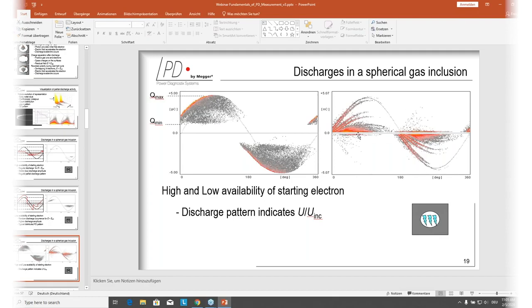And regarding this second pattern, where we said that we have a lower amount of starting electrons, here there's this line pattern due to our random statistical ionization processes. So this unfilled part of the pattern is showing that we have a lower number of starting electrons, basically.